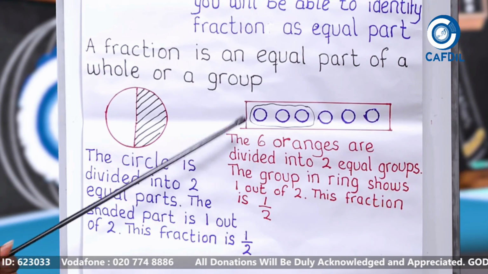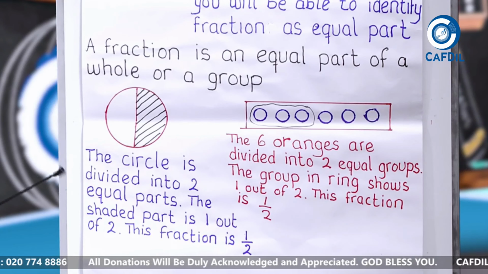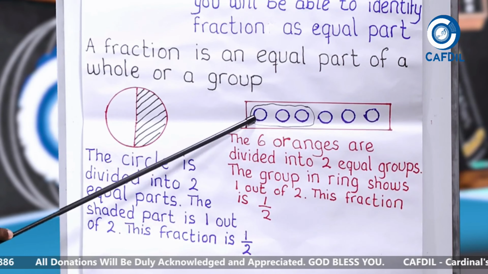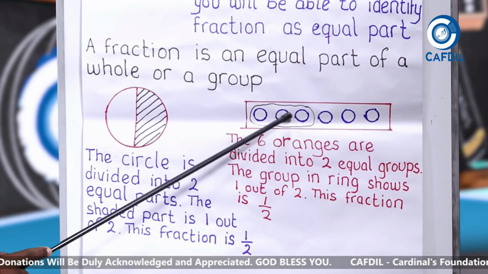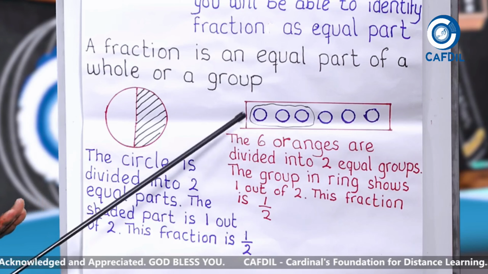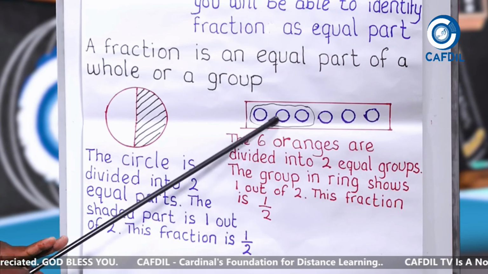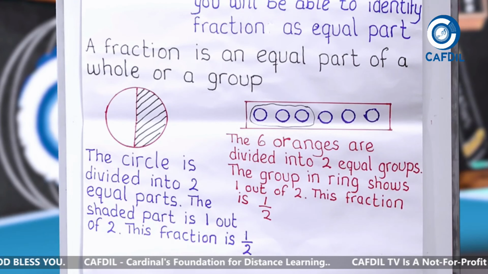Let's take these circles that we see to be oranges. So how many oranges do we have there? 1, 2, 3, 4, 5, 6. So if you are representing this as oranges, then it means we have 6 oranges.